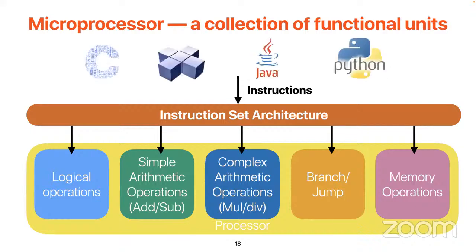And all your program needs to know is, how can I translate my user program into instructions? And the processor supports this particular instruction set architecture, and would just handle that for you, right?